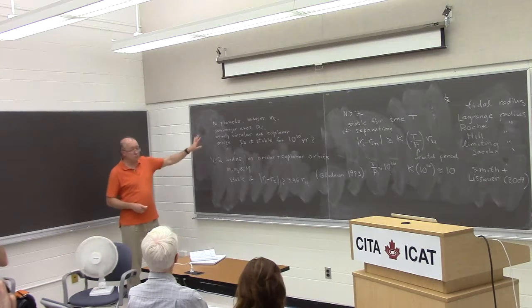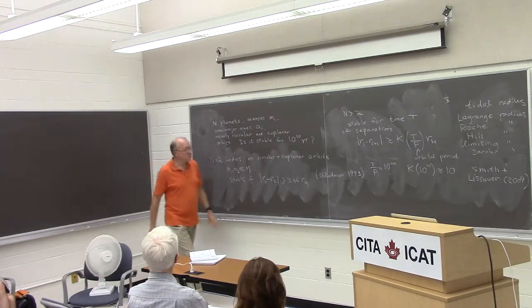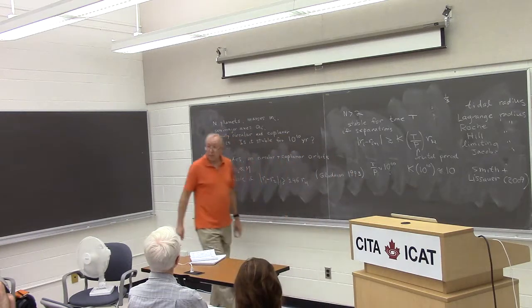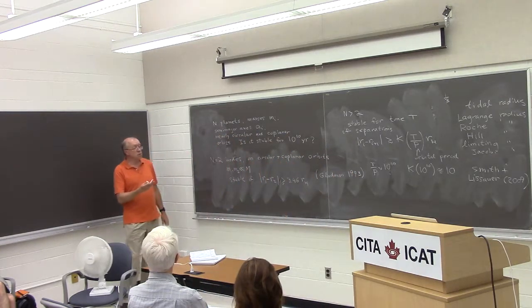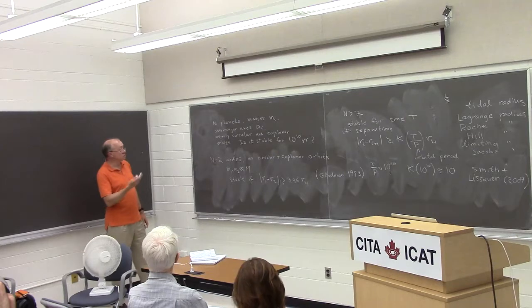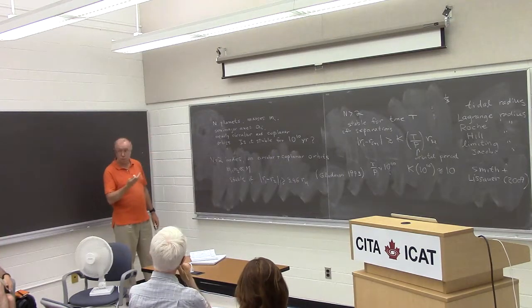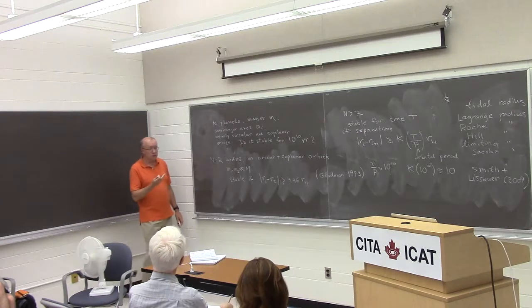Okay, so having disposed of this problem, I'll go on to the next topic. What I'd like to do at this point is to give some basic results in analytic perturbation theory for planetary systems.